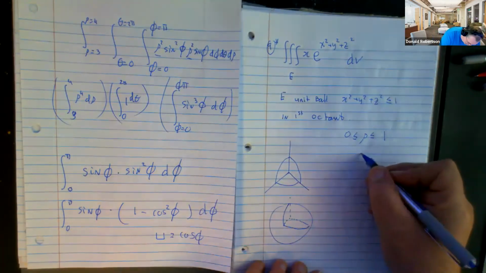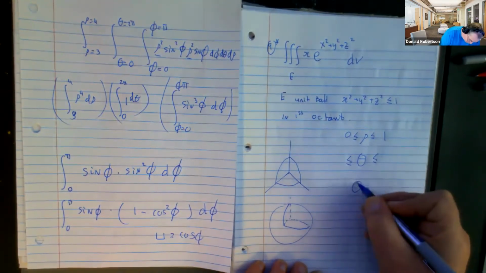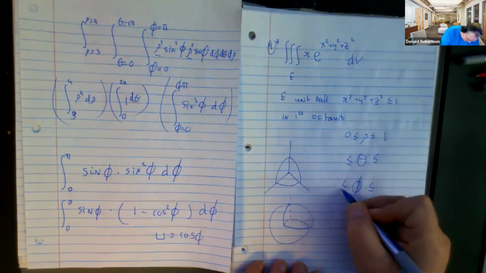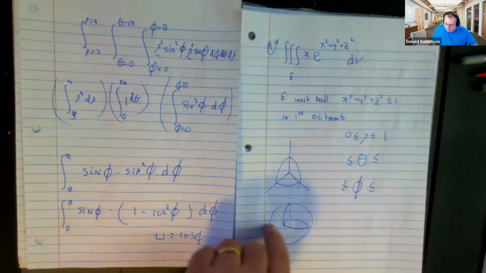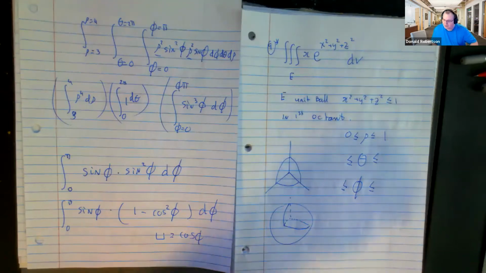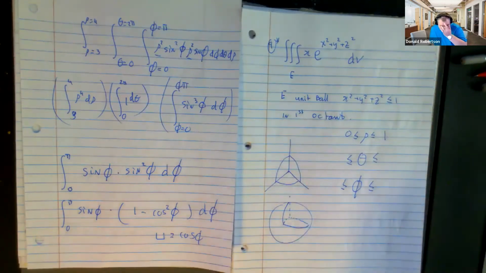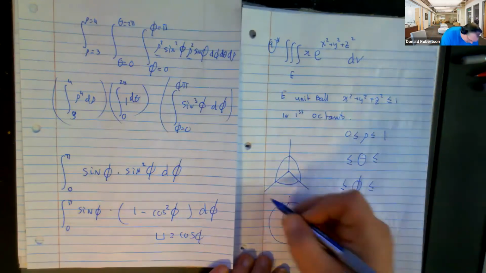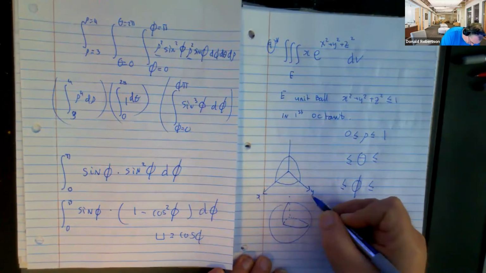That means that we have to figure out what are the restrictions on theta and what are the restrictions on phi that generate only this piece, right? Not the, you know, Pac-Man side, but the little wedgie guy. Okay, now let's do the theta.